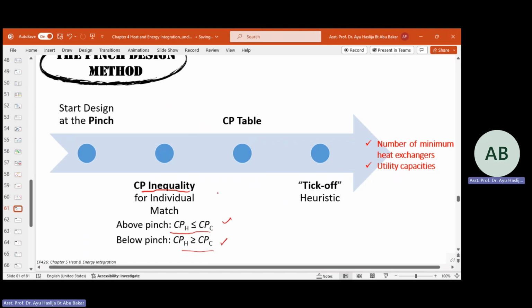Then again you create the CP table. Then tick off the stream that you have completed the heat exchange for. After that, you will know how many heat exchangers are required and the utility capacities. Now we go one by one.